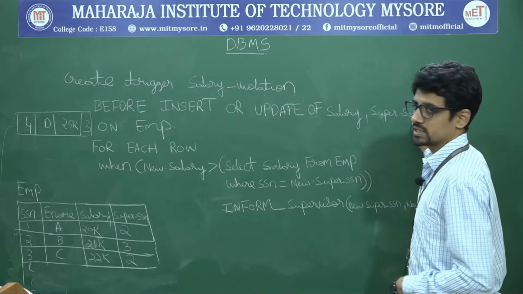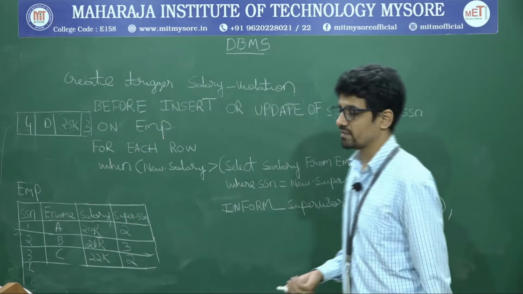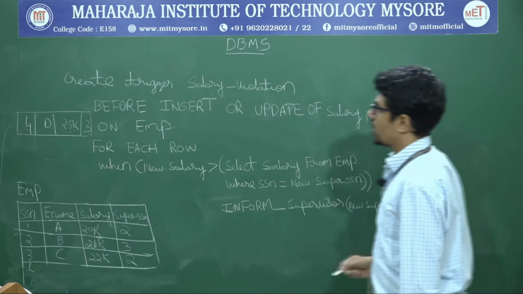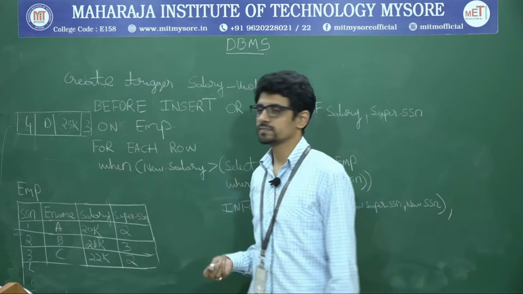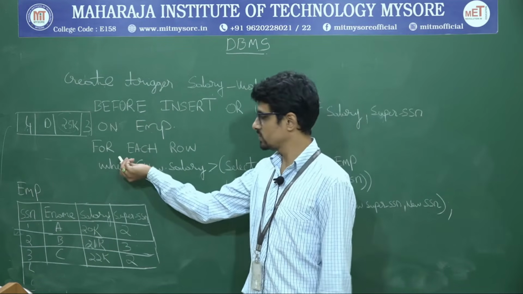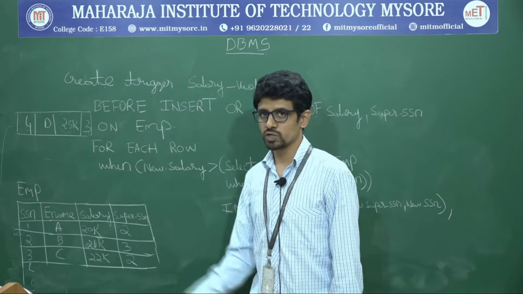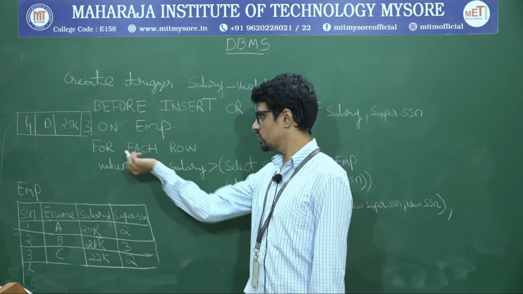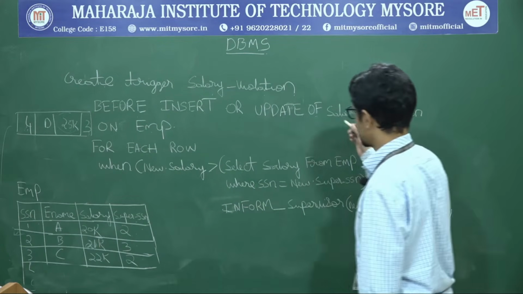Salary, comma, super SSN. Salary and super SSN have to be verified now. On which table? EMP, the employee table, on employee. Now this is a keyword to be used: for each row. Right now, what I am going to insert, I need to verify that for each row. So this is your triggering event.